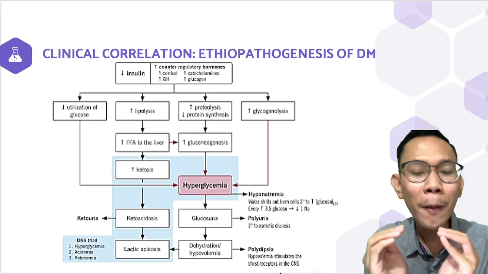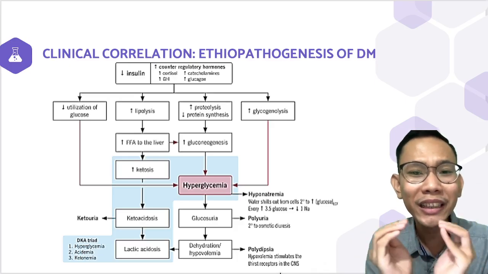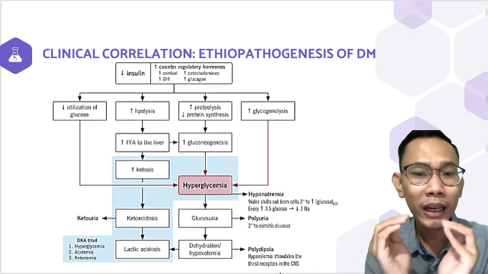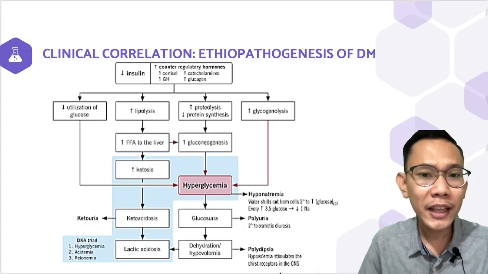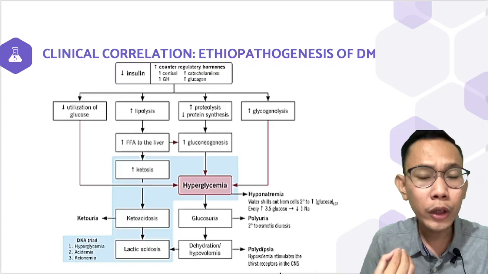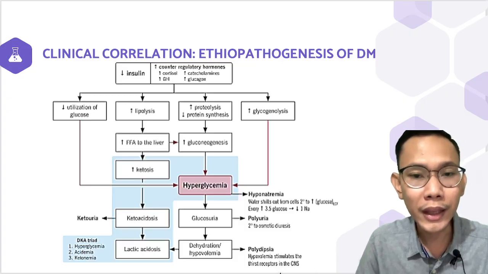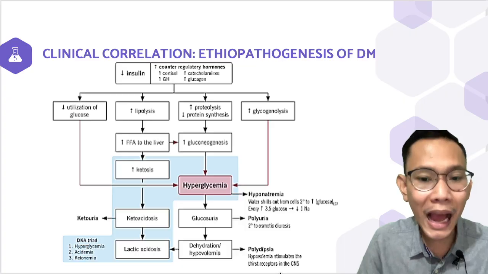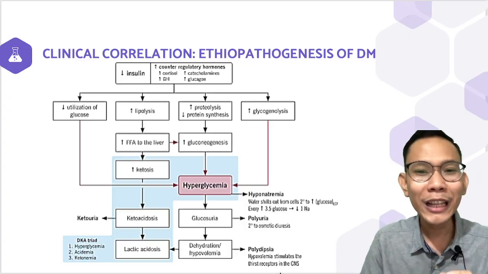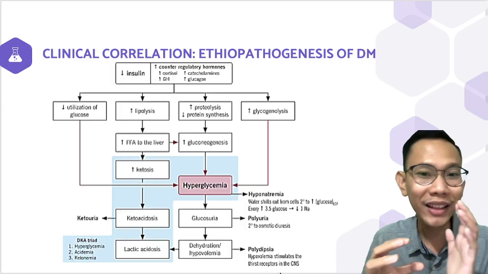It will need more glucose. Kasi nga, hindi siya nalalagyan ng glucose sa katawan. That's why, as a counter-regulatory or as a physiologic response to that scenario, then it will stimulate your body to do polyphagia. Kaya may increase ang ating appetite because hindi pumapasok ang glucose sa ating cell.